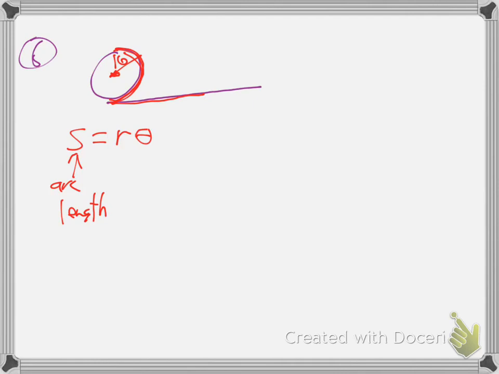So the arc length is 5 feet, because it went 5 feet along the ground. S equals 5 feet. So it rolled out 5 feet. What angle theta must it have rolled through to roll out 5 feet?